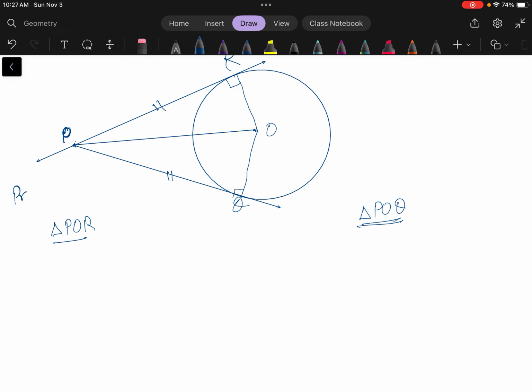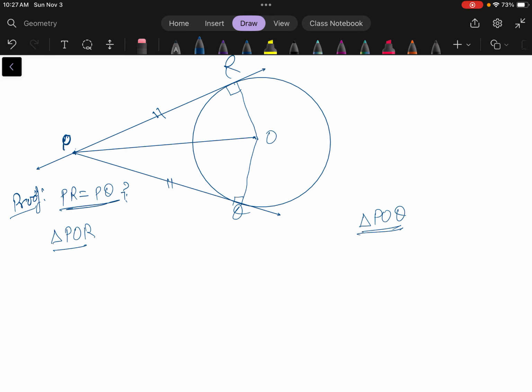What we need to prove is PR is equal to PQ. Okay, that we have to prove. To prove this, we will take in this triangle this one and this one. So first, OR. What is OR? OR is the radius. In this triangle, OQ is also the radius.